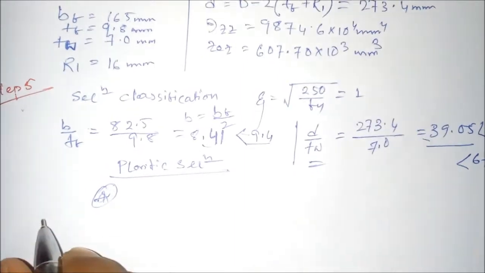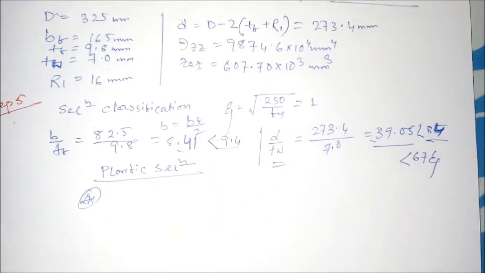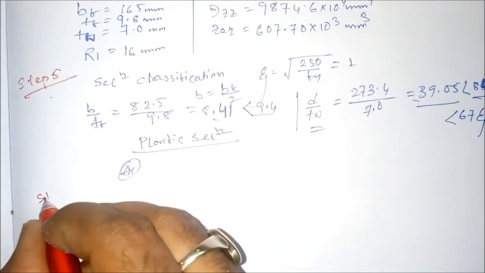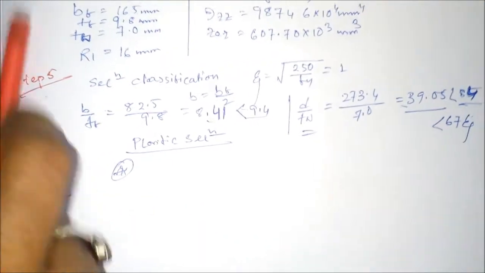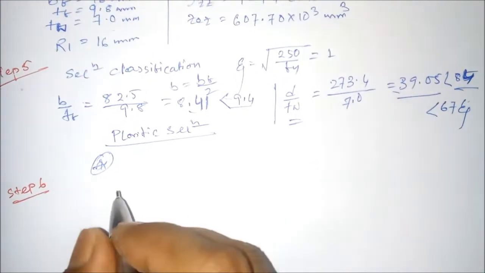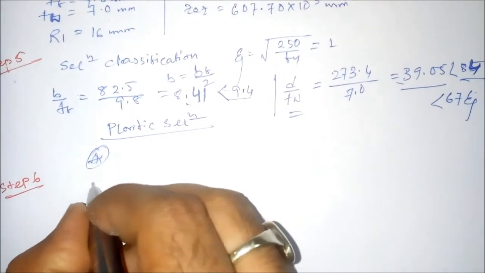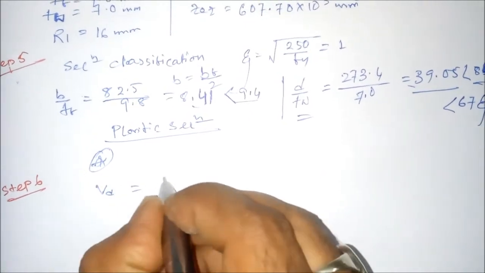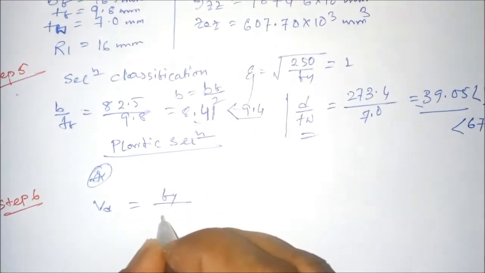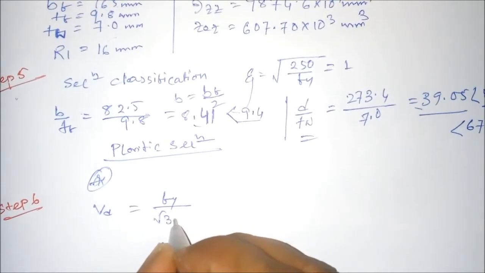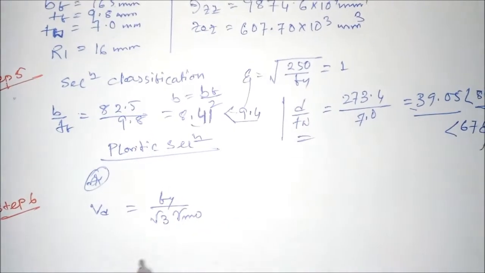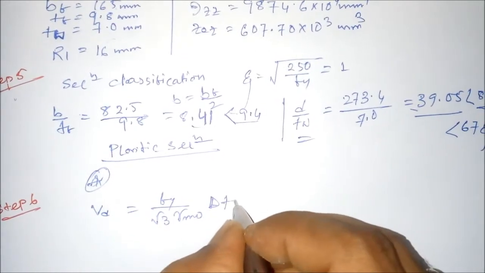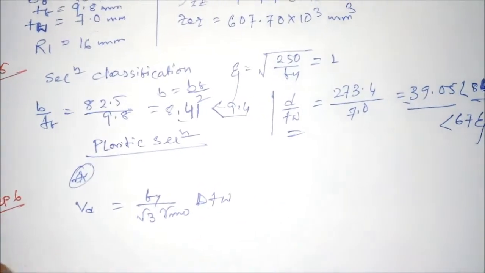Okay, now in step number 6, we have to find out the shear capacity, and the shear capacity Vd is equals to Fy by root 3 gamma m0 into the shear area, that is depth multiplied by thickness of the web.